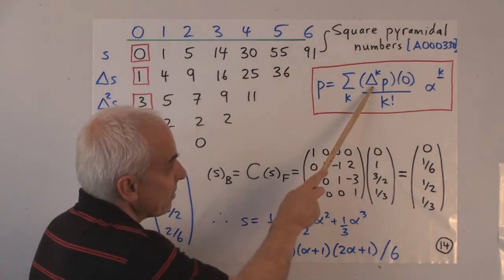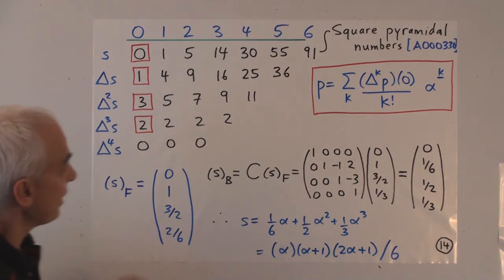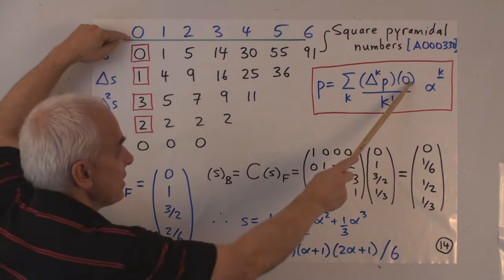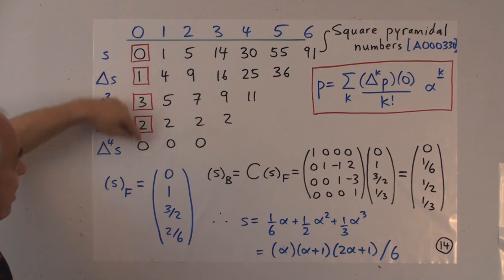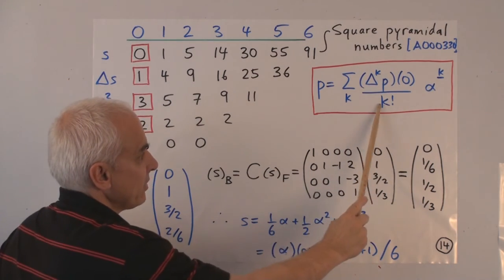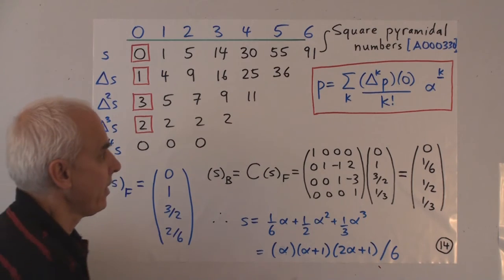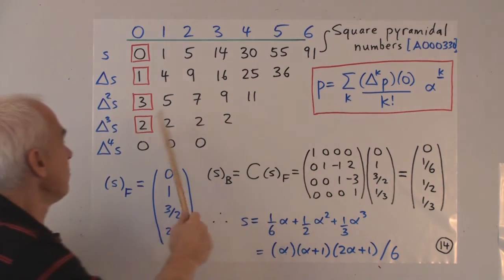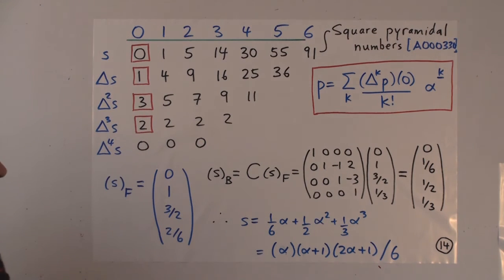And the coefficients can be computed by essentially taking these forward differences and looking at their values at 0. I've put them in red right here. So it's these four numbers that are the coefficients that appear here in the numerators. We have to divide by k factorial, and we're summing that up, actually from 0 to however many terms there are.